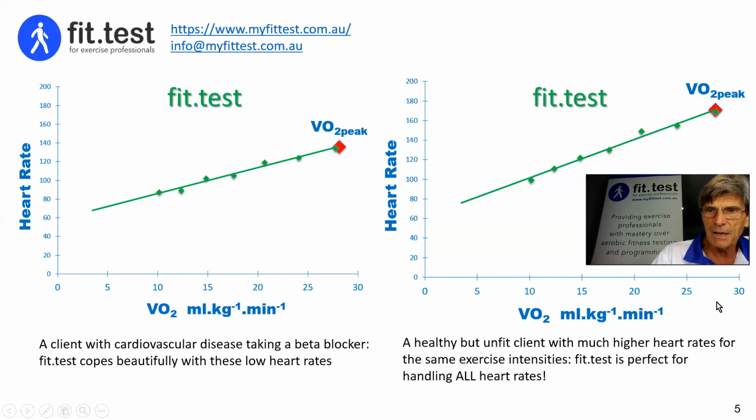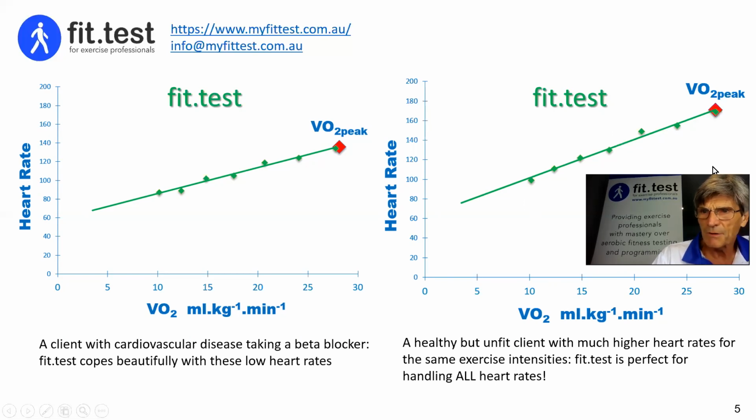You can see here that for this client, the estimated VO2 peak is about 28. And for this client here, a different client, but not taking a beta blocker, the heart rate responses are very different. They're much greater. You can see the slope of the heart rate graph is much steeper and going to a higher final heart rate, which is based on age predicted heart rate peak for this individual.